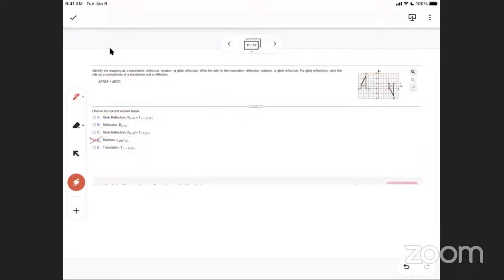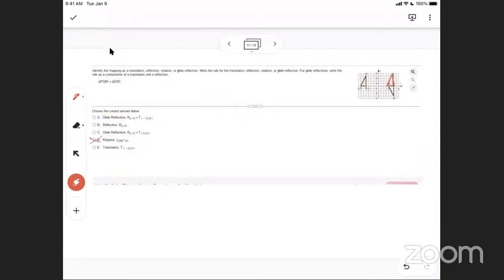Do you see how I'm reflecting it over the x-axis first? Yeah. So the first thing I'm going to do is reflect it here. And then what am I going to do after I reflect it? Graph it on the other side. Okay, so how am I going to do that? Am I reflecting it or am I translating it? Translating it. You're translating it, right.